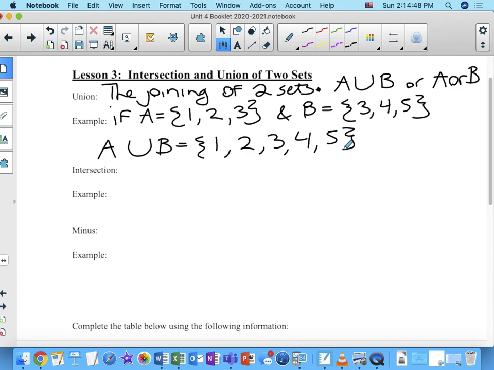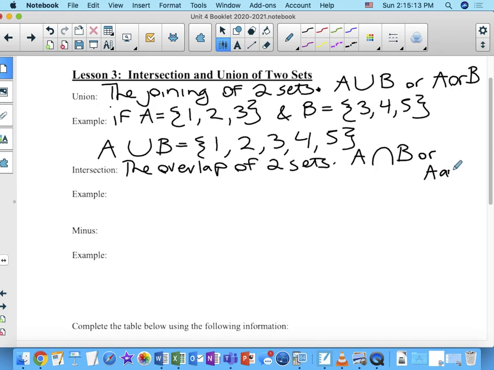Okay, the intersection of two sets is the overlap of two sets. Okay, and we use the same symbol but upside down. So A intersection B, or we use the word and.